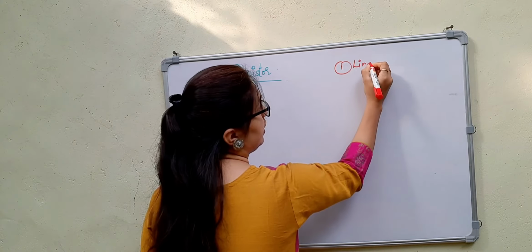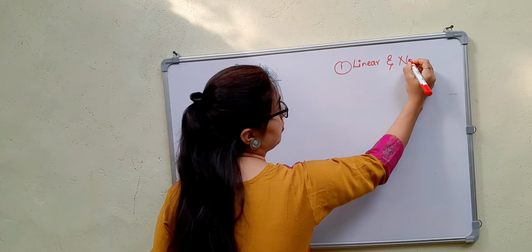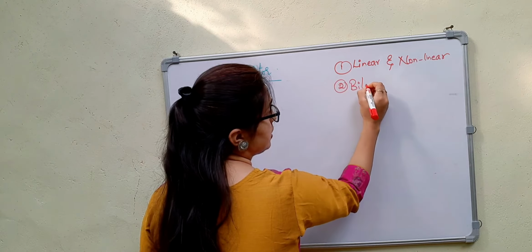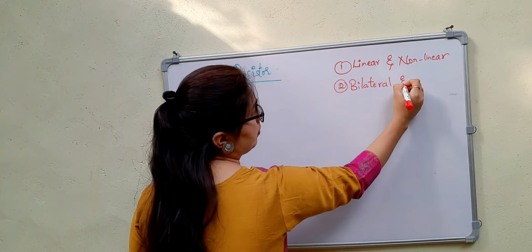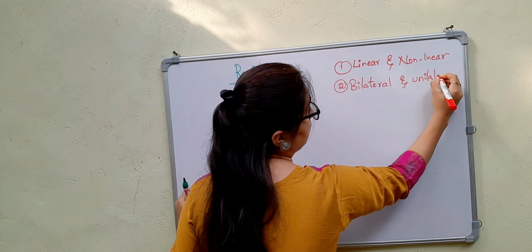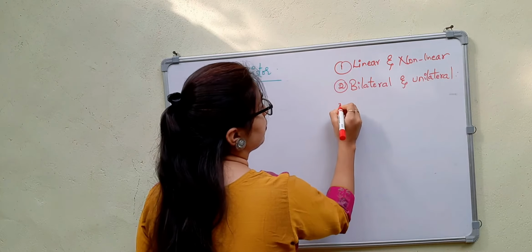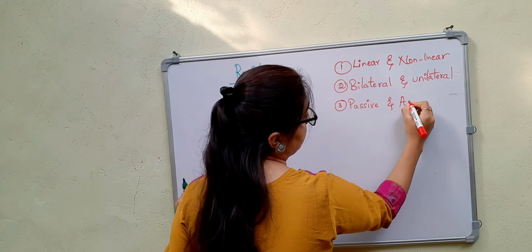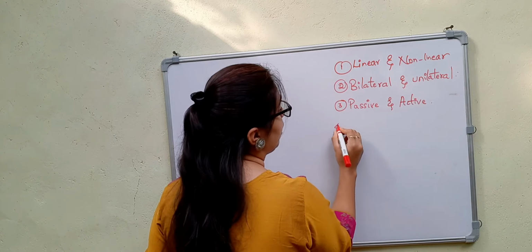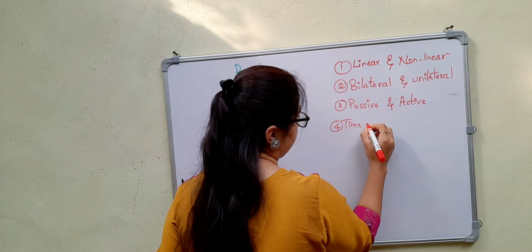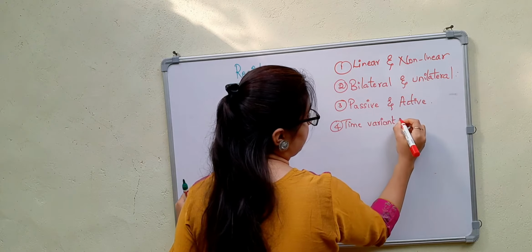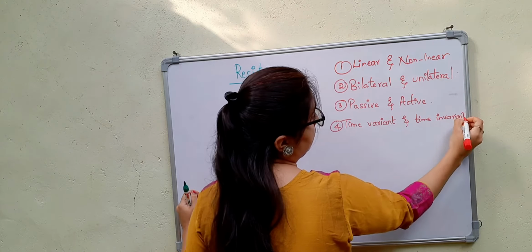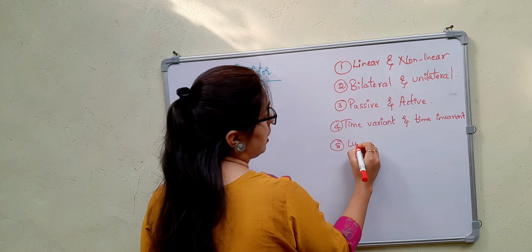So first is linear and non-linear, bilateral and unilateral elements, passive and active, time variant and time invariant, the last one is lumped and distributed.